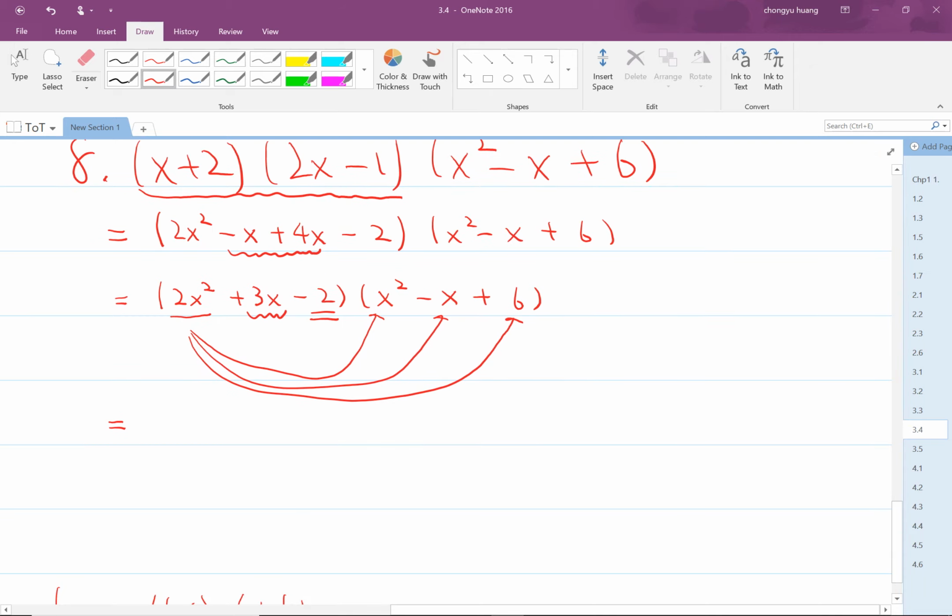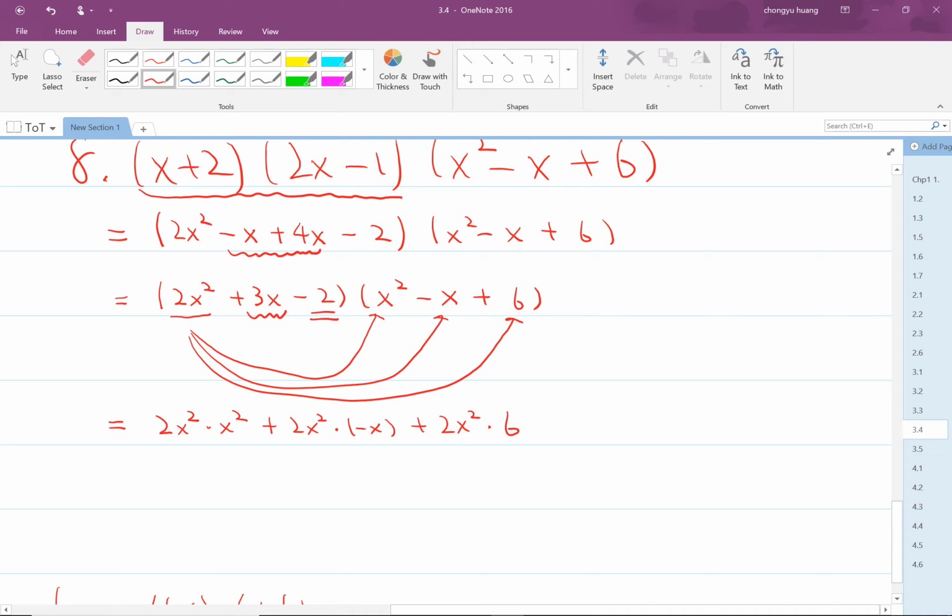So what we have is 2x to the power 2 multiplied by x squared, and then plus 2x to the power 2 multiplied by -x, and then plus 2x to the power 2 multiplied by 6.